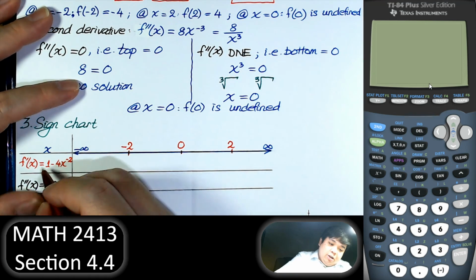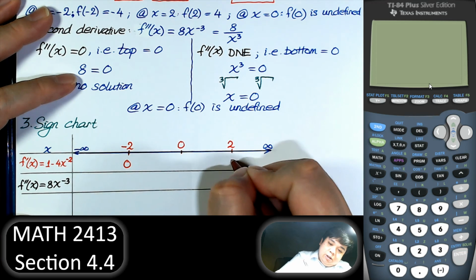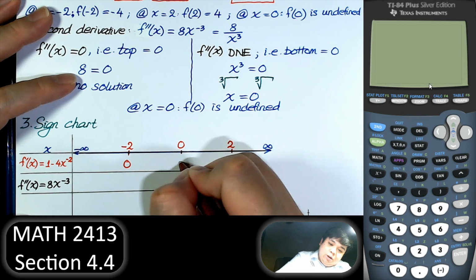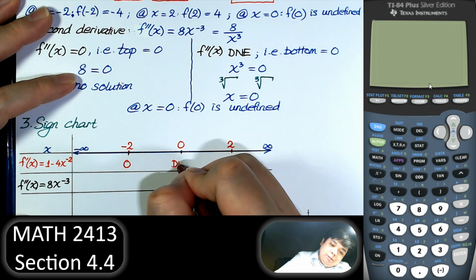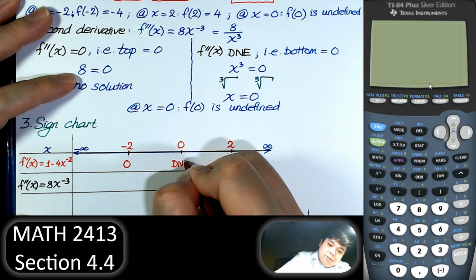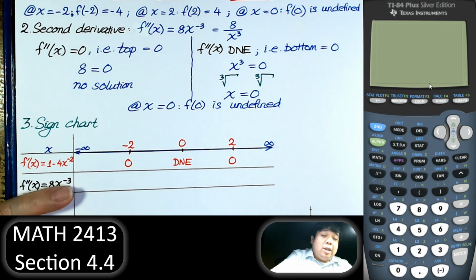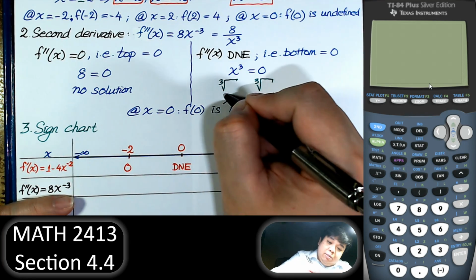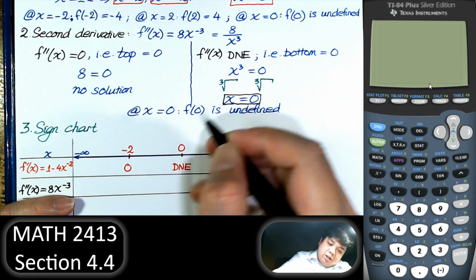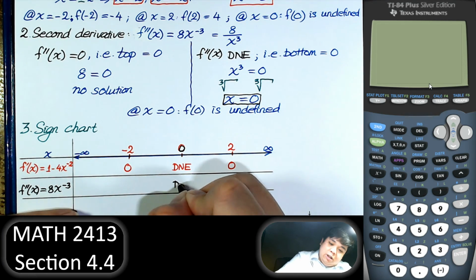In particular, when x equals negative 2, the derivative equals 0, and at 0, the derivative does not exist. For the second derivative equal to 0, we don't have anything, but does not exist, we do have 1. So x equal to 0, that also does not exist.